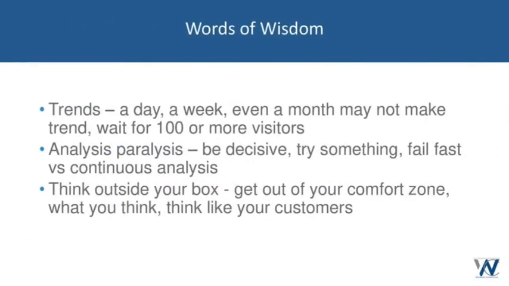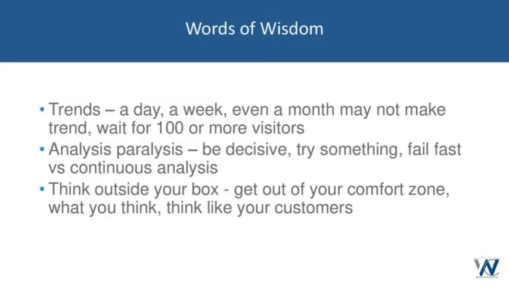Right. Well, let me end with some words of wisdom. You heard me talk about the examples that I just showed. I had 3 clicks. I had a 100% bounce rate. Really make sure that you're looking at trends. A day, a week, even a month may not make a trend. You are probably going to have to wait for 100 or more visitors on something in order to make a decision.